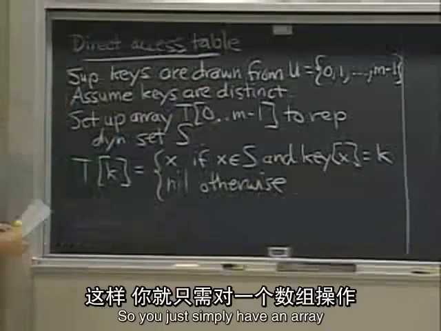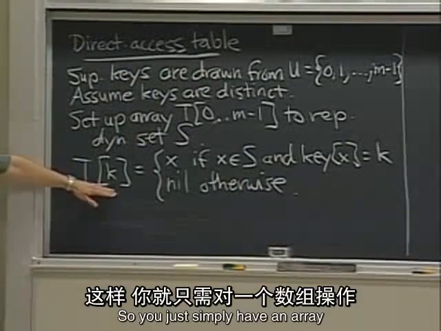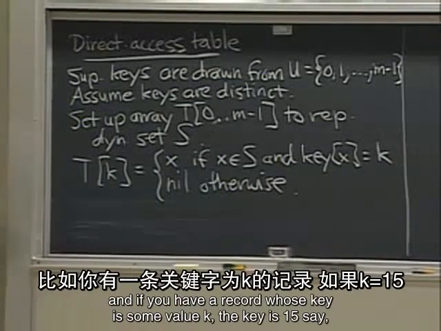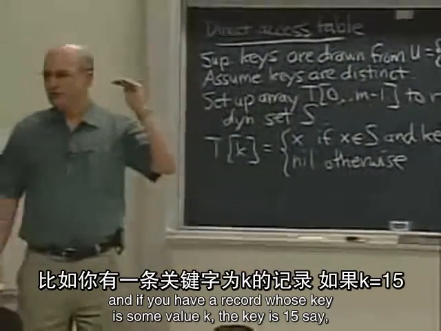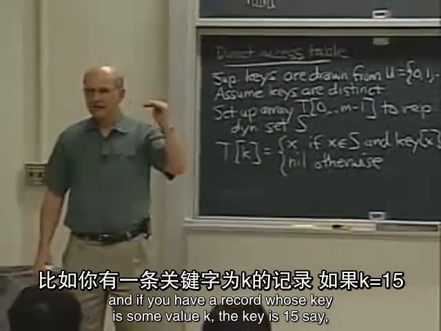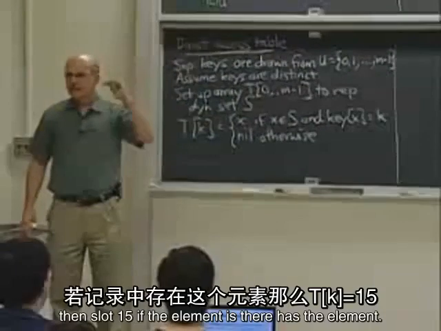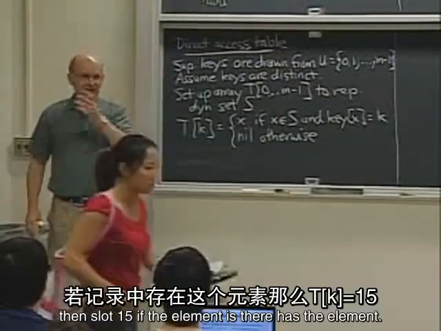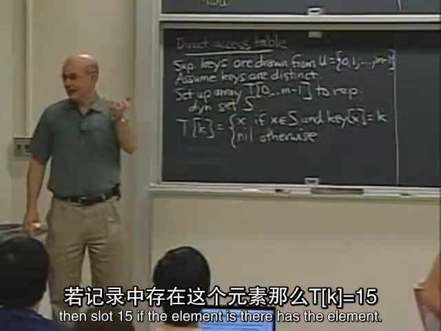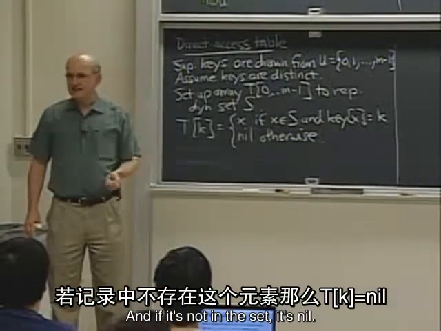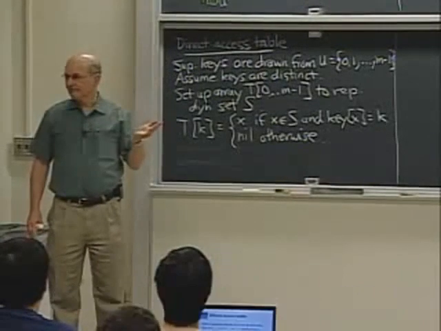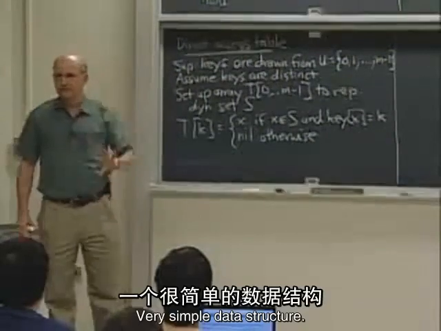So you just simply have an array, and if you have a record whose key is some value K, key is 15, say, then slot 15, if the element is there, has the element, and if it's not in the set, it's nil. Very simple data structure.